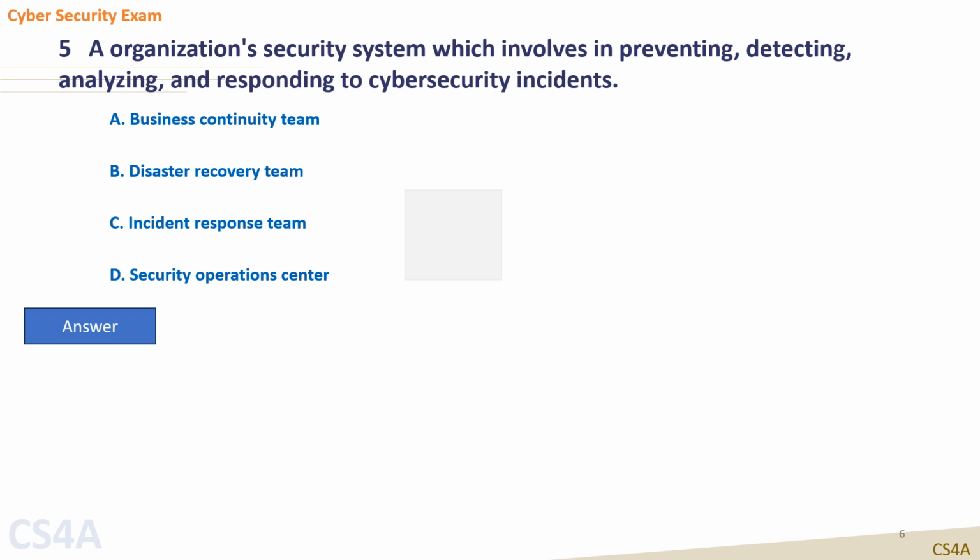Incident response team might be the correct one, but we'll see the second last one, security operations center. This is the correct answer, because this is the organization's security team which is involved in preventing it. This is holistic. The security operations center may also include the incident response team and disaster recovery team. Everyone will be part of the security operations center. So the correct answer is D.